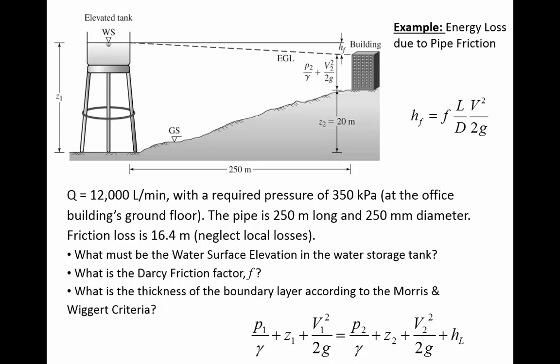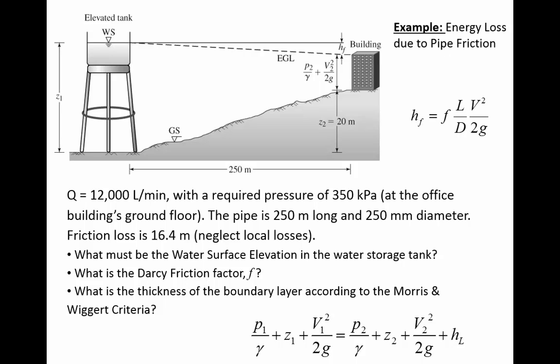So there's three steps that you should go through here. First of all, determine what water surface elevation is required at the tank. That'll be as easy as solving the energy equation by substituting in all the known information. Then solve for the friction factor based on the head loss that's defined.